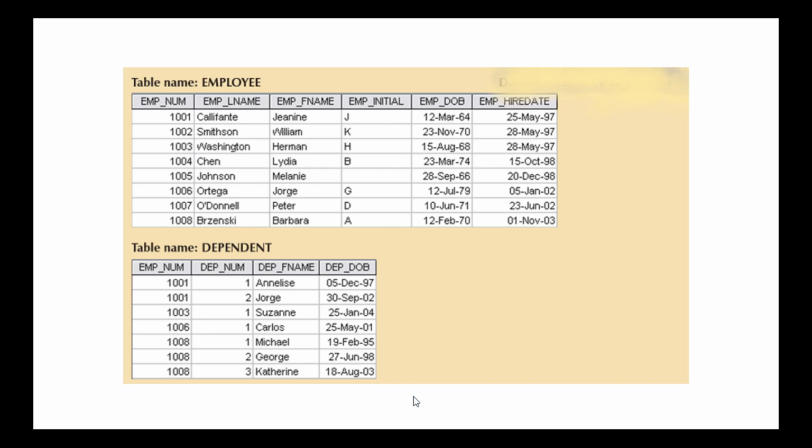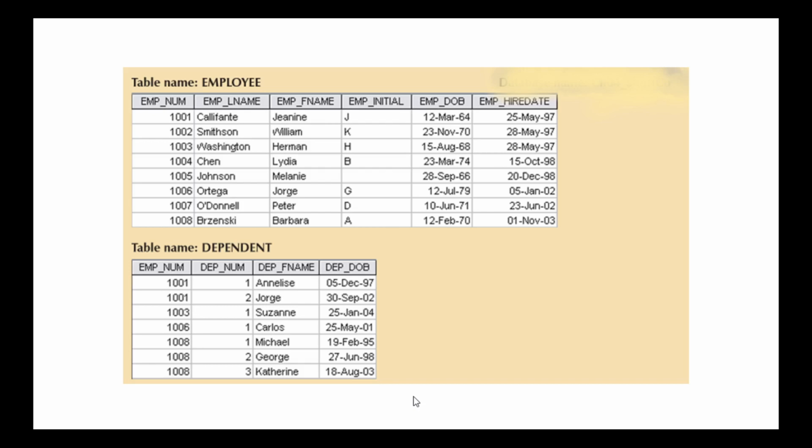There are several employees, 8 employees existing, and in the dependent table there are employee number, dependent name and dependent date of birth. Without an employee number, can you identify each and every record uniquely by using the dependent number? No, not at all. It's a partial key, so for that it depends upon the strong entity's primary key.